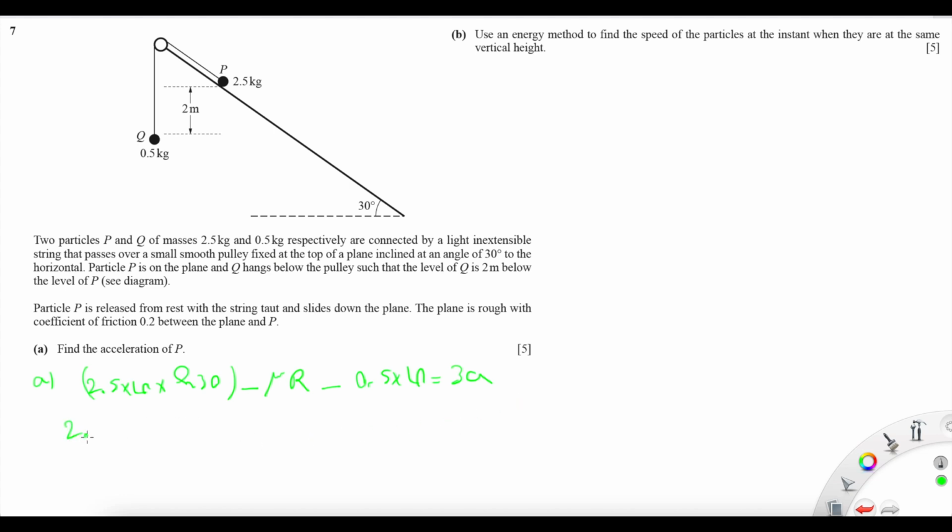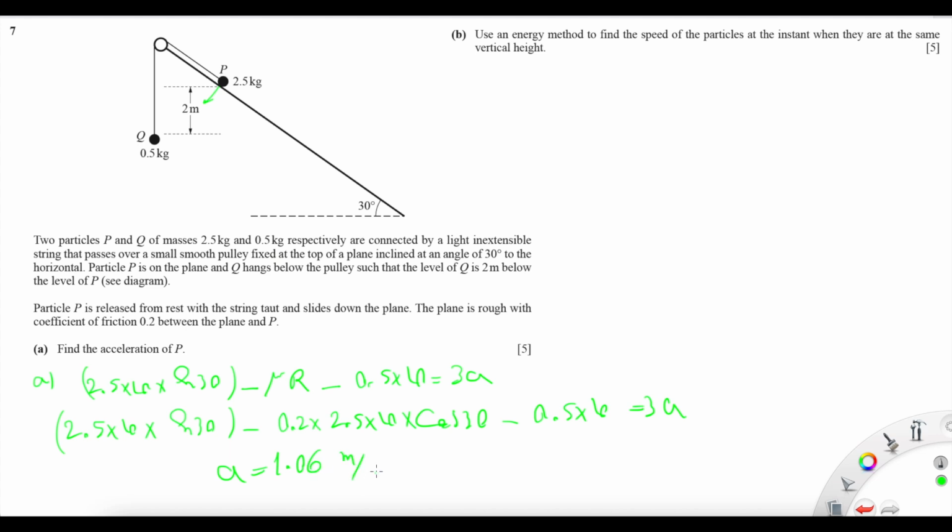Now it will become 2.5 times 10 times sine 30 minus mu, which is 0.2, times R, which is actually mg, which is 2.5 times 10 times cosine of 30, minus 0.5 times 10 is equal to 3a. After solving this equation, a will be 1.06 meters per second squared.